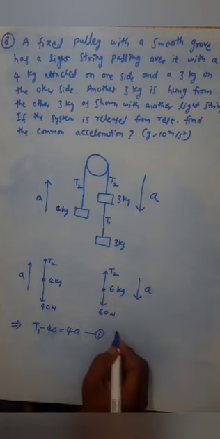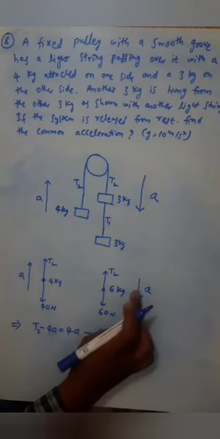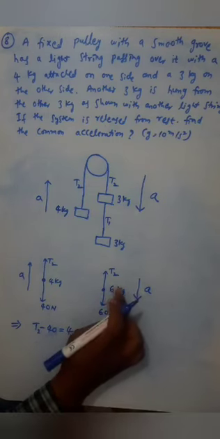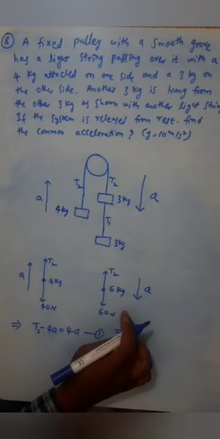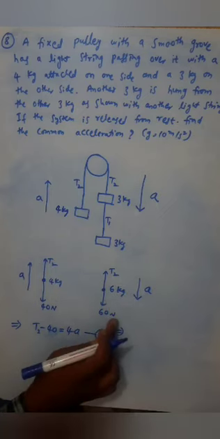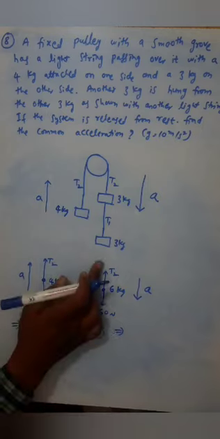Now the 6 kg mass is moving downward, which means 60 newtons is more than T2.